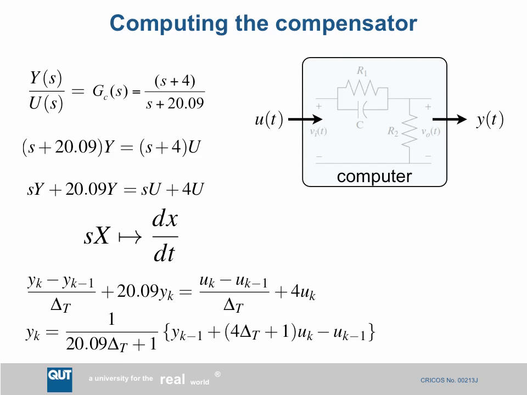The output at time k is a function of the output at the previous time step, which we call y_{k-1}, and it's a function of the input, and of the input at the previous time step. So we can boil down that network, that compensator, into almost a single line of code in whatever language you might choose to write that code in.